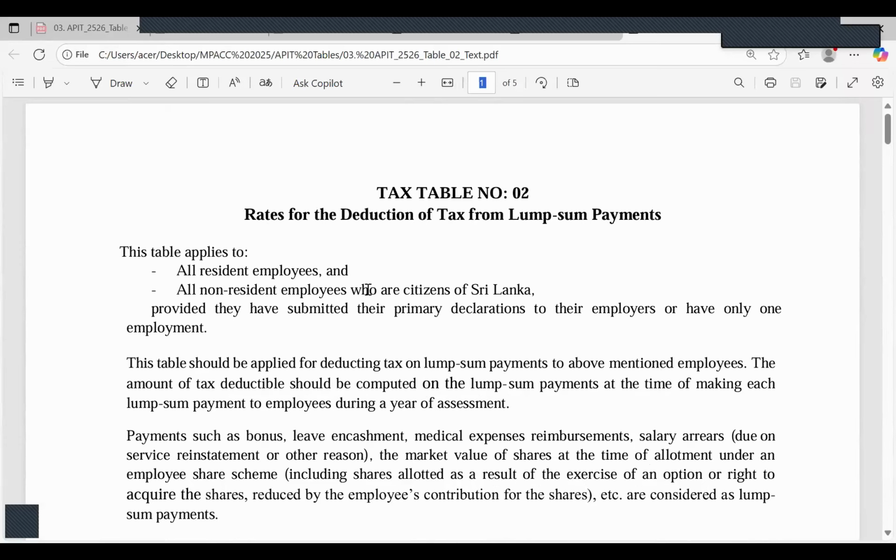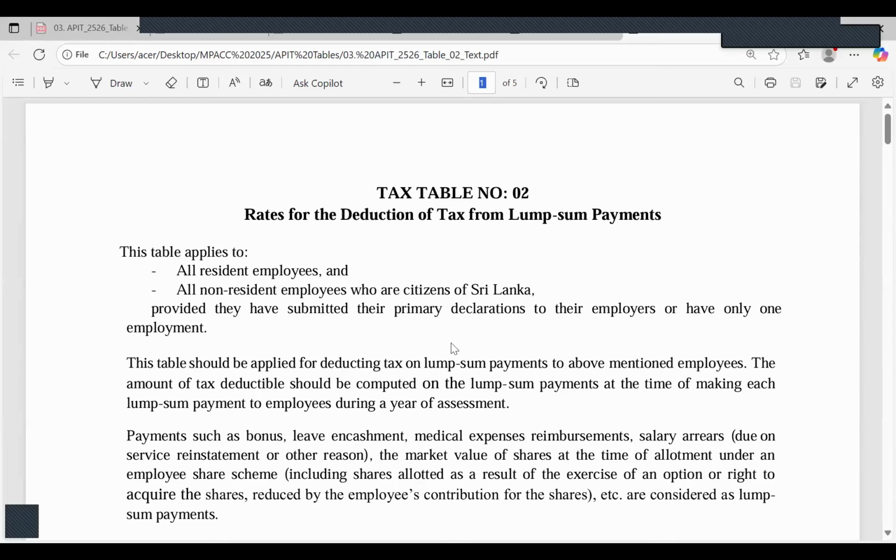Normally for non-resident, non-citizens, personal relief is not applicable, but for citizens it is applicable. That is why in table 1 it has deducted 1.8 million as a personal relief.